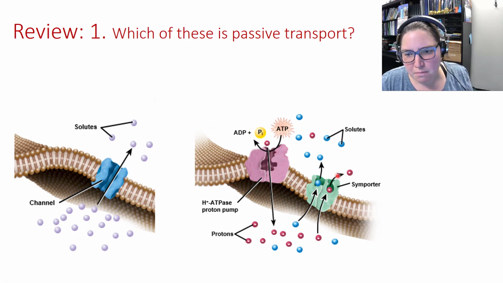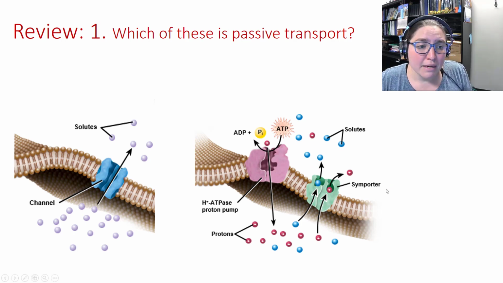So the energy for the symporter is found in the concentration gradient of the protons. But anyhow, first picture is passive transport, second picture is active transport.